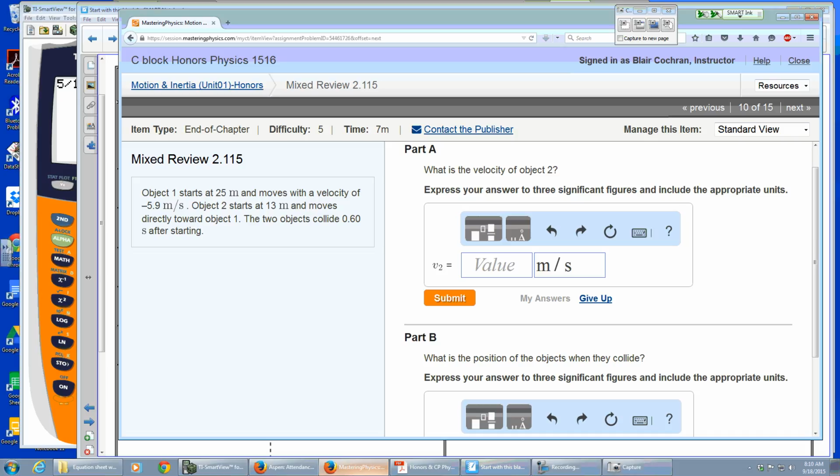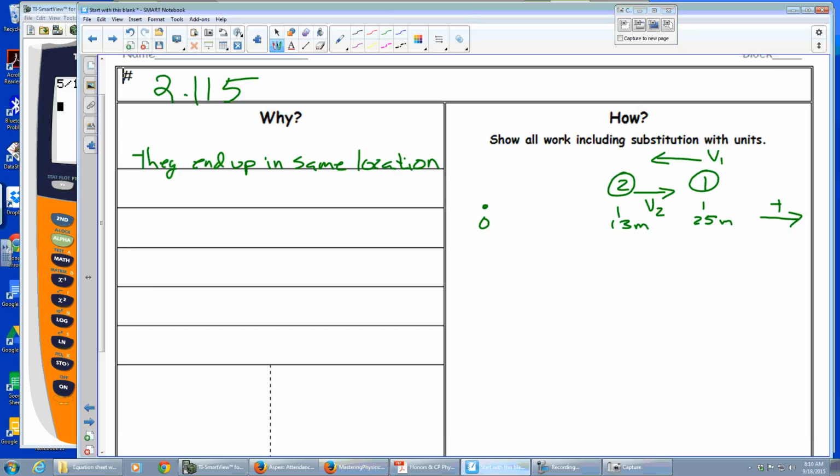We want to find the velocity and the position of objects when they collide. So they end up at the same location. 2 is moving positively. And I might also mention that they have the same amount of time to move.